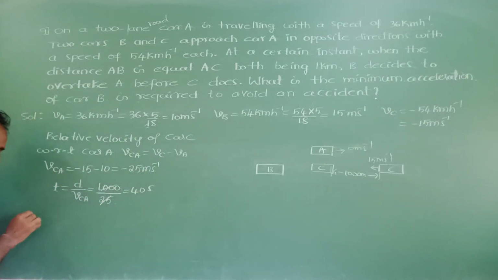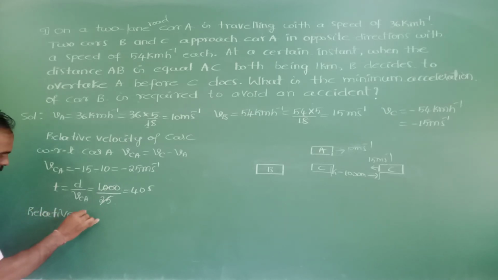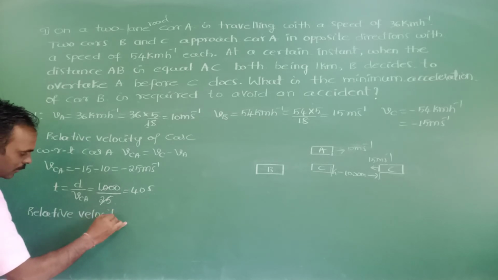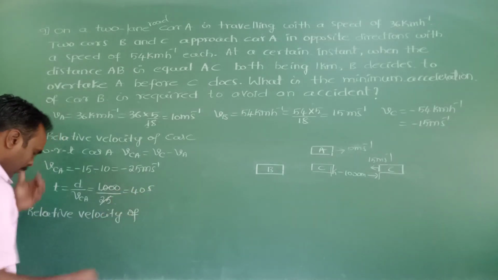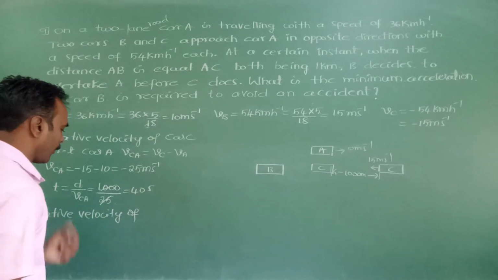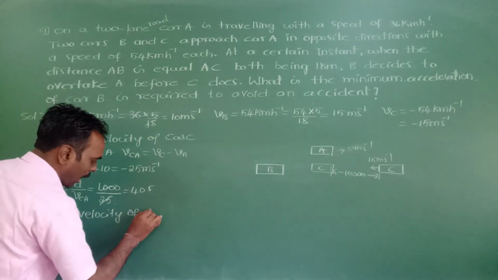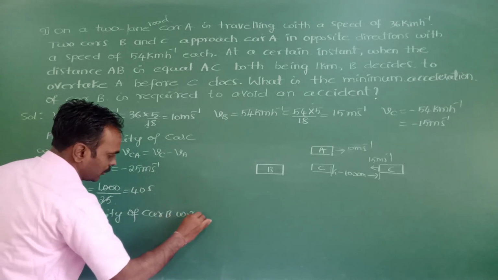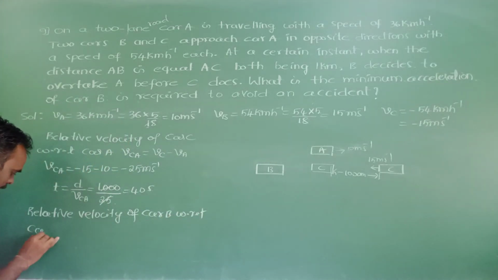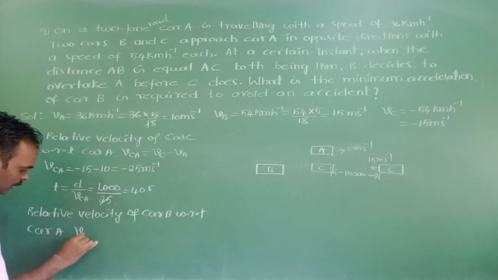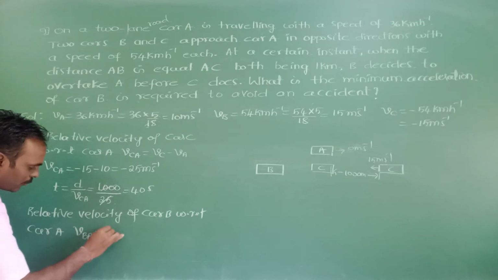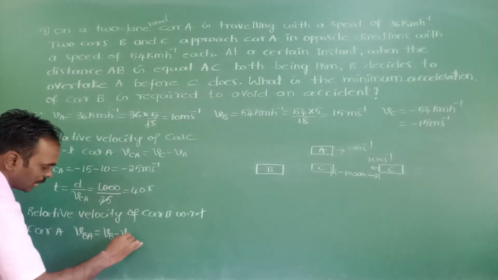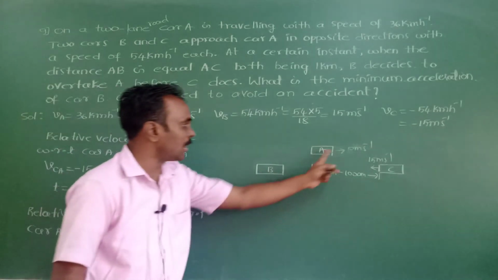First I will calculate the relative velocity of car B with respect to car A, which is VB minus VA, because both are traveling in the same direction.